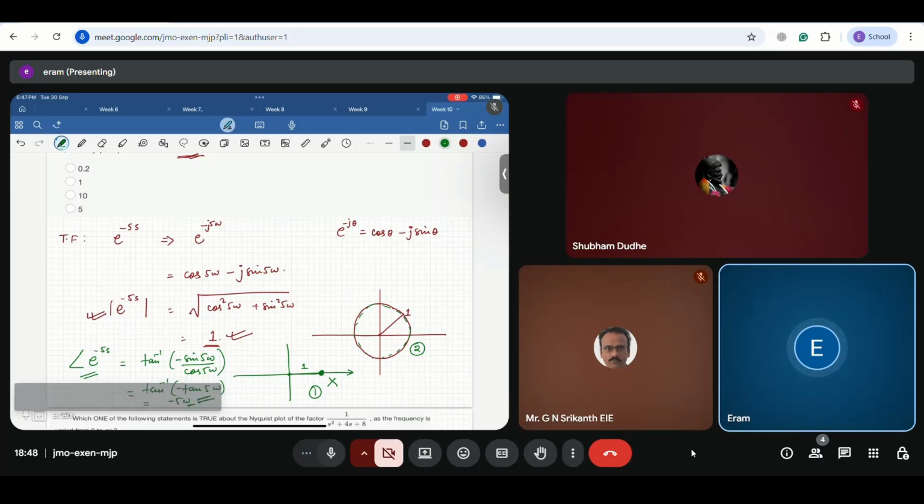So that is only possible with option number 2. So you start from here and you keep on circling, right? So this is omega equals to 0, and again you land up here with omega equals to infinity. And what is the radius of this circle? Just the magnitude, and the magnitude is 1.